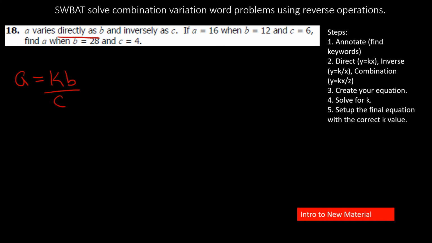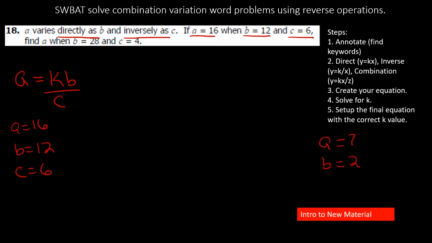Directly is B, inversely is C. It says if A is equal to 16, B is 12, let's write that down, and C is 6, okay? Find A when, so I'm looking for another scenario, when B is 28 and C is 4.